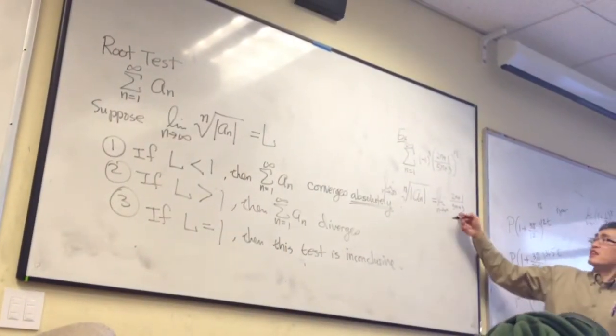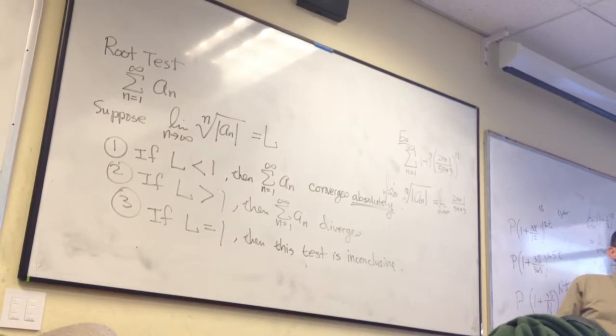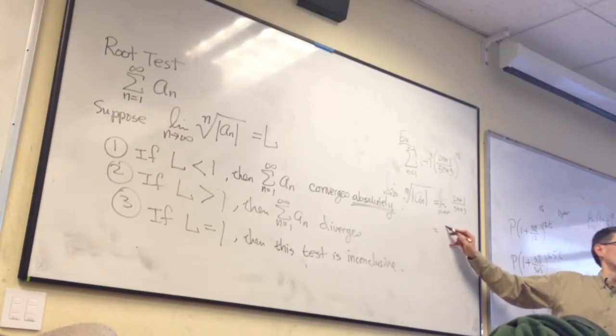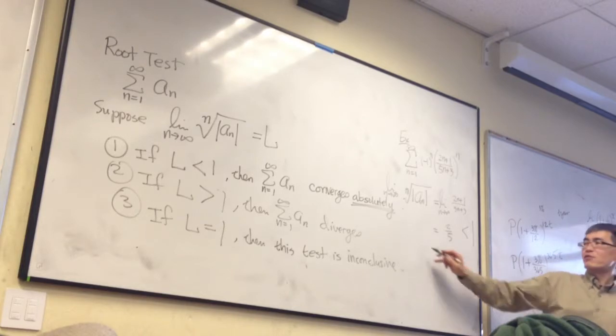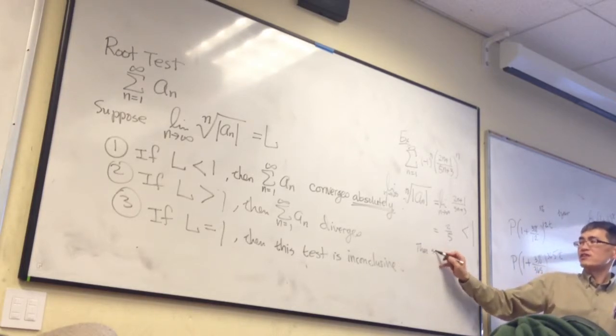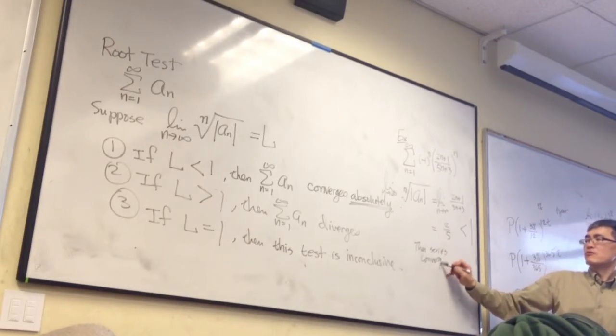It's just this base. And what is that? 2 over 5, which is less than 1. Therefore, the series converges absolutely.